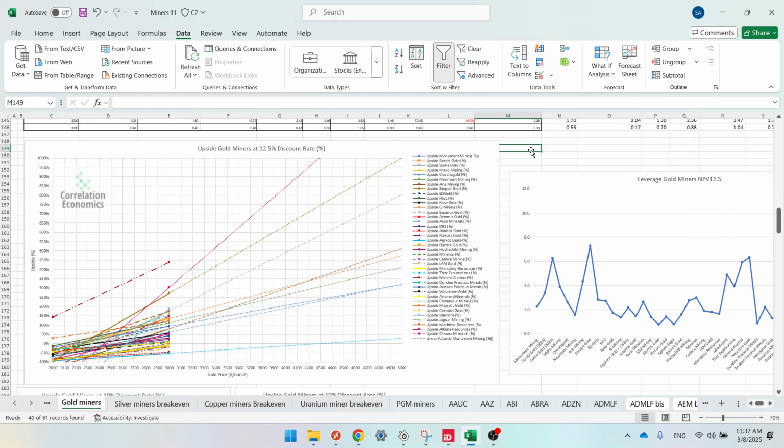The NPV flow chart calculates all the cash flows that come in the coming years and compares this with the enterprise value, including market cap, debt, etc. Okay, so what is the leverage?